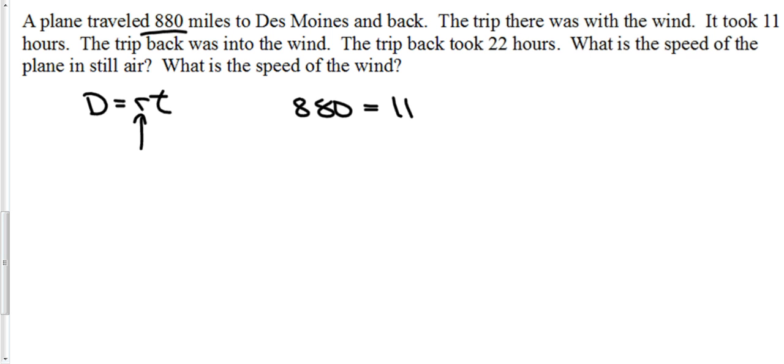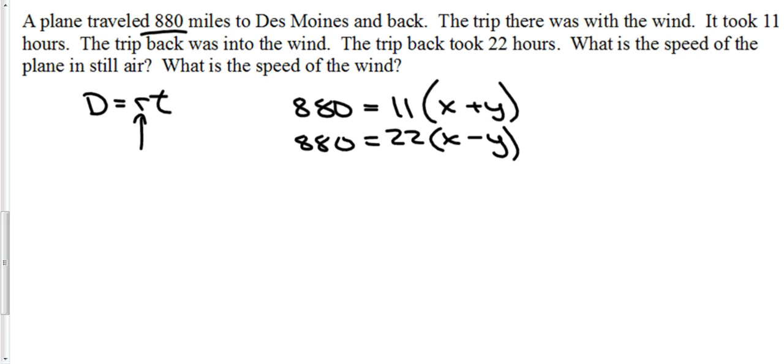So I have to think about this, is that when you're flying in a plane or when you're going up a river or down a river in a boat, right? If you are going with the wind, the wind is making you faster. So you would add those two speeds together. On the other hand, on the way back, which takes 22 hours, we are going against the wind.